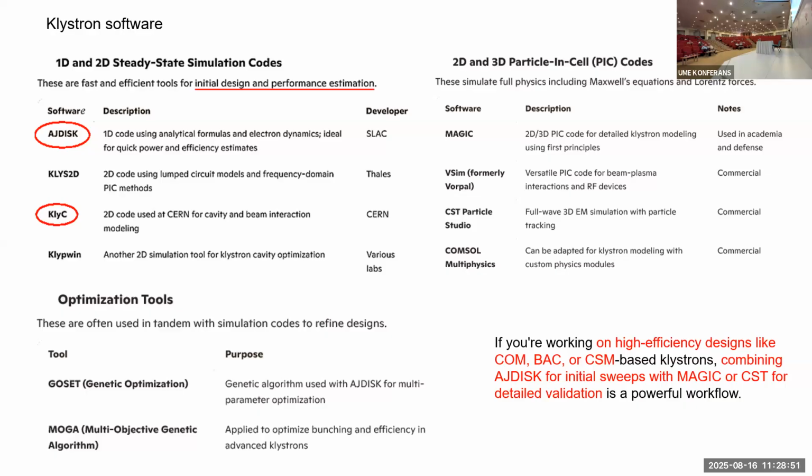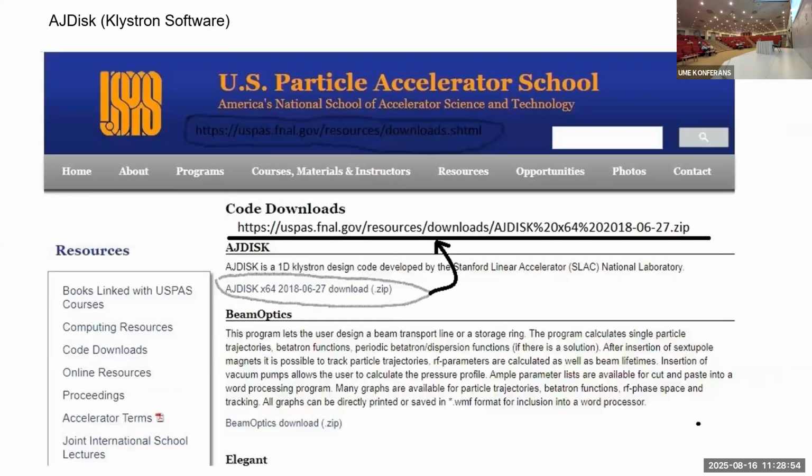Okay, let's go. This is the AJ Disk. What's the AJ? American Java. I don't know what it comes from. And the address is here. I put some extra there somewhere. Very good software.